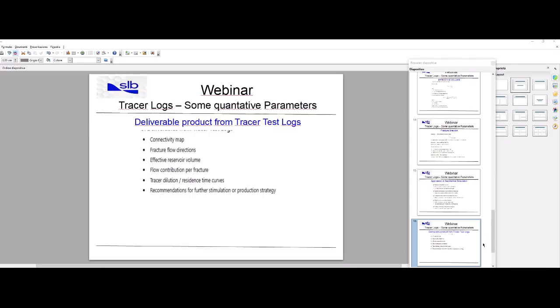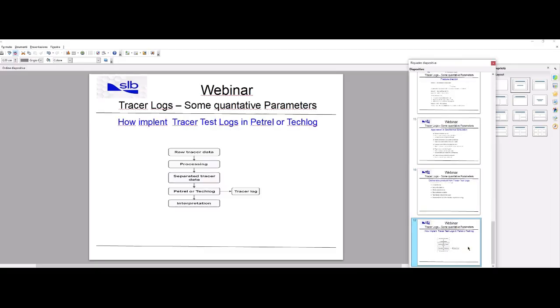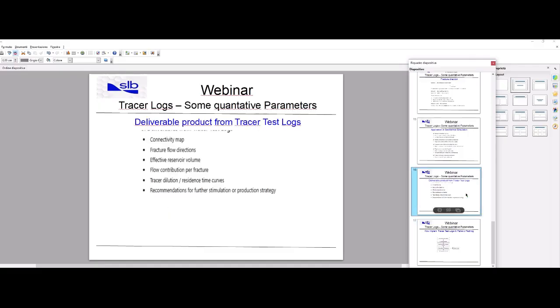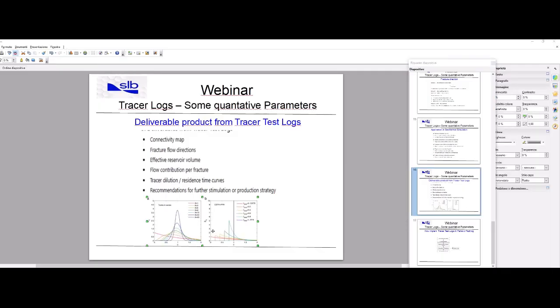We can implement these in proprietary software like Techlog or Petrel. All data we can process like this. So finally we have some plotting curve, or residence time curve. The residence time curve is very important because it represents the time in which, for example, a chemical tracer or quantitative tracer remains in the fracture.